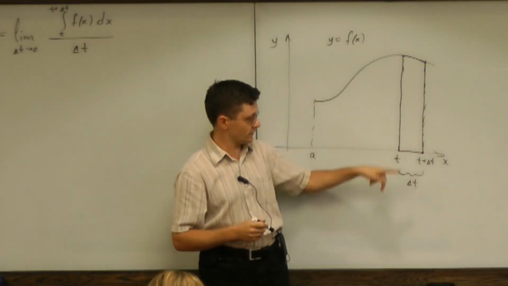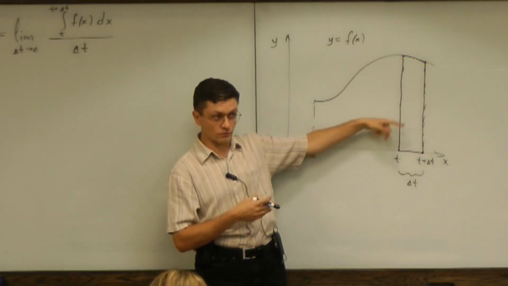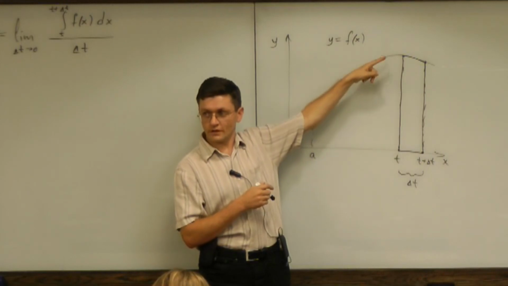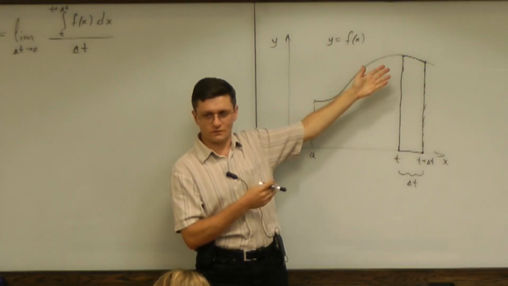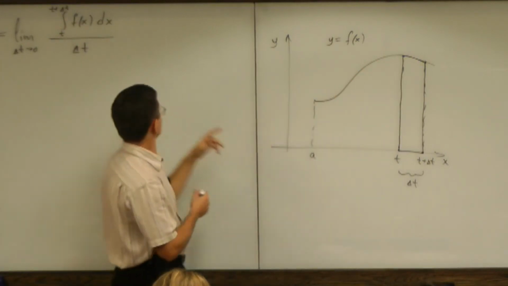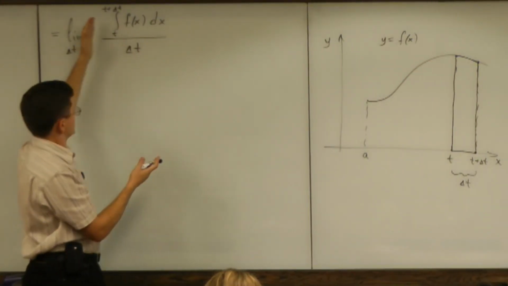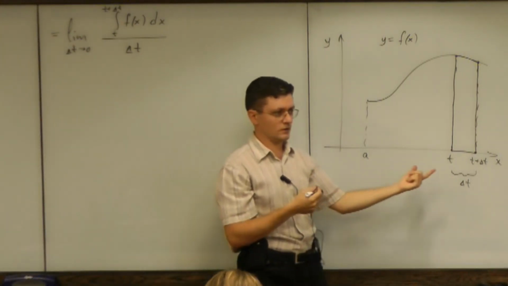Right? And you take this area, divide by the width. If the area was an area of a rectangle, the result will clearly be the height of the rectangle. But what we see is not exactly a rectangle, so we cannot say this fraction is exactly equal to something. But when we look at the limit, then we can say something, right?